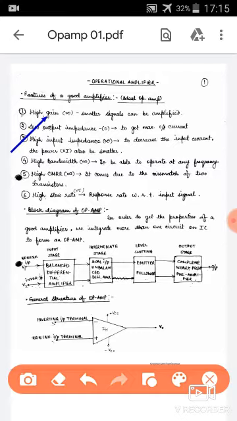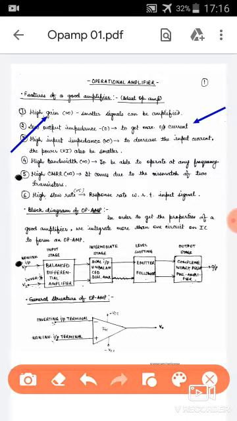The second characteristic is low output impedance, so that we can get maximum output current, because we all know I is V upon R. If the impedance or resistance goes to 0, then we will get infinite output current, so that the current gain will be maximum.